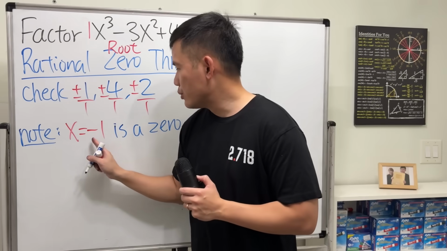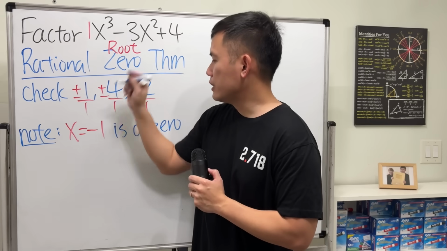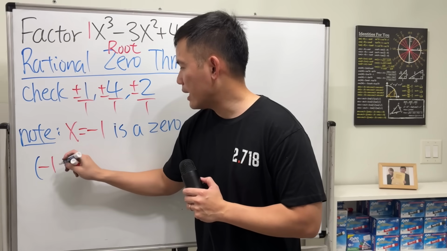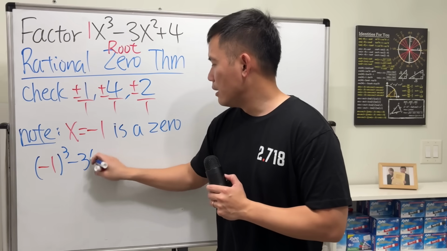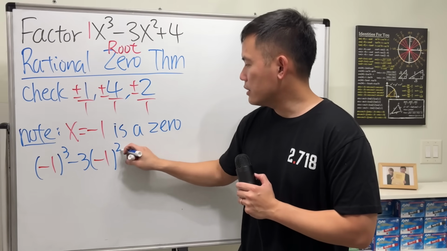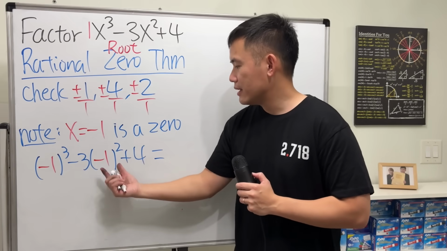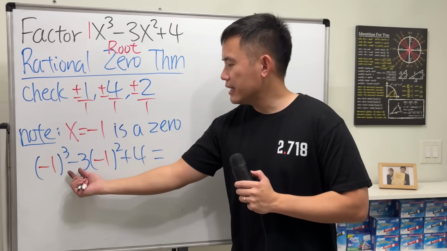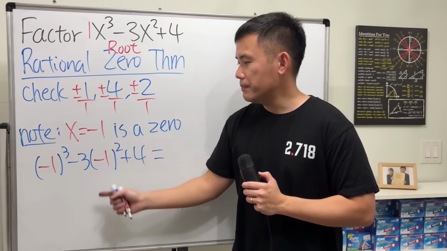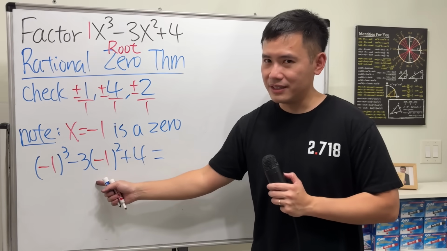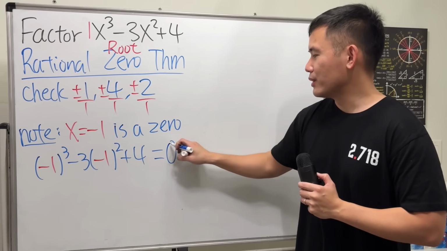I can show you this real quick. If you plug in negative 1 for all the x's, we get negative 1 to the third power minus 3 times negative 1 squared plus 4. This is negative 1. This is positive 1. Negative 3 times positive 1 is negative 3. Negative 1 minus 3 is negative 4. Plus 4 is 0. It does work.